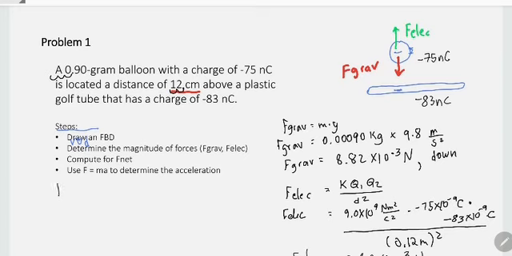What's my net force? My F-elect is upwards, so that's positive. My F-grav is downwards, so that's negative.